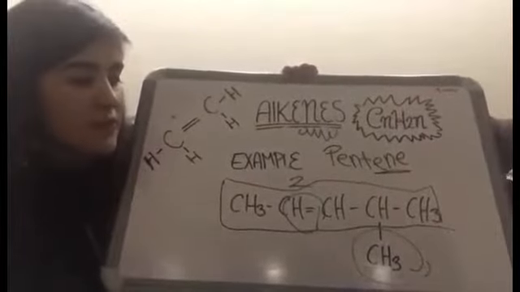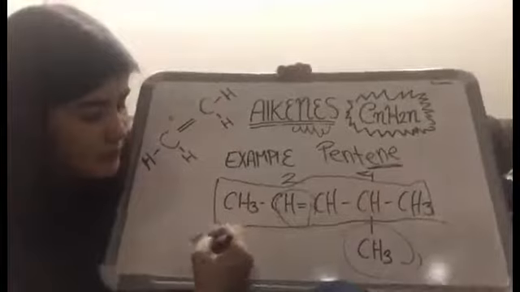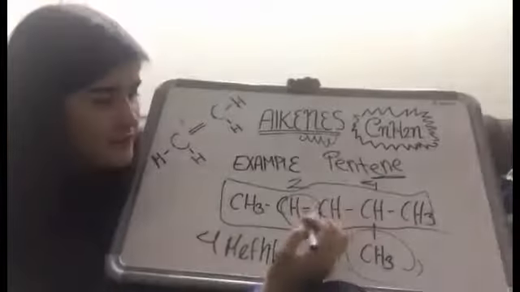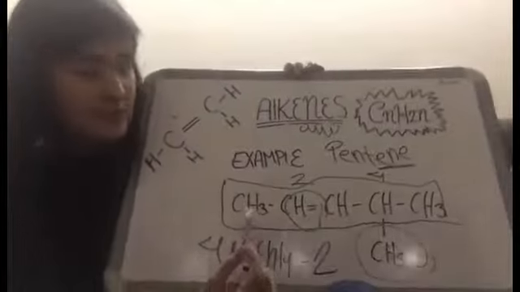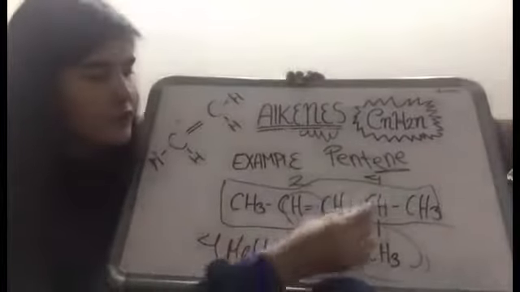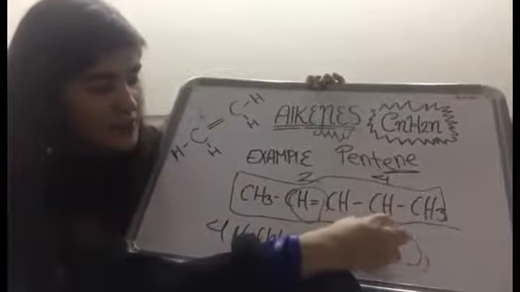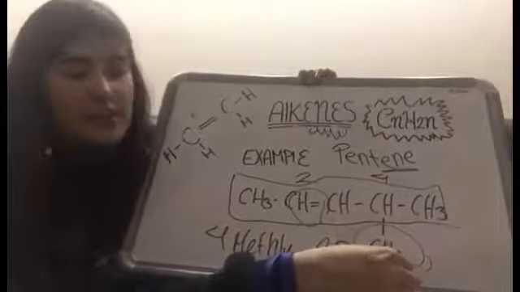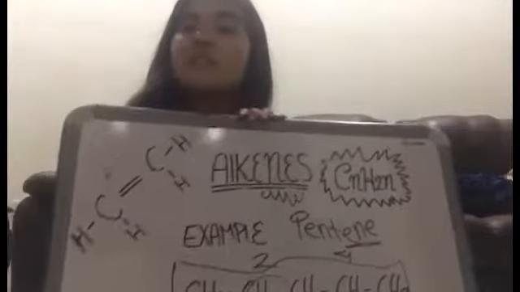Then to name it, this one will be on the fourth carbon, so 4-methyl, and the double bond is in the second position, 2. Counting the carbons, 1, 2, 3, 4, 5, it will be a pentene, and you can see how it's written here with the ending -ene. And that's basically all about alkenes.